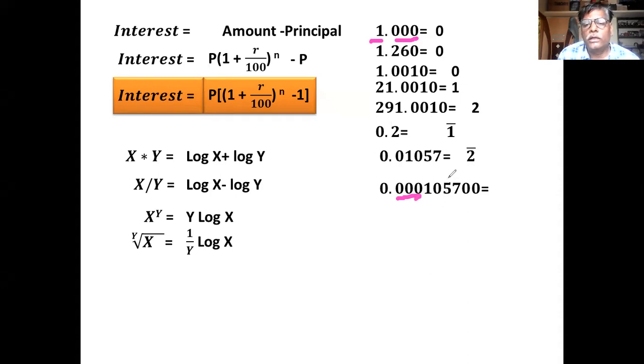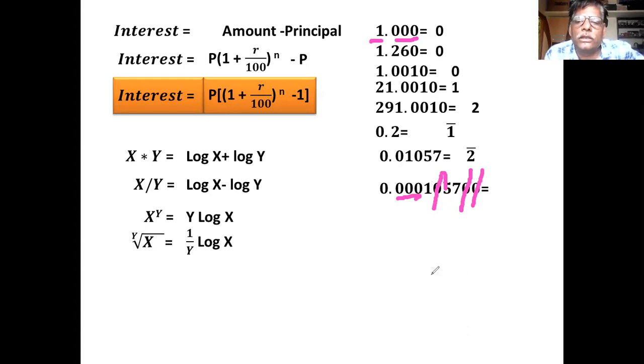And don't consider the 0 after the number. Don't consider the 0 after the number. This 0 is not considered. Remember this. Continuously how many zeros are there? You count the total number of zeros, add 1 and calculate the characteristic.